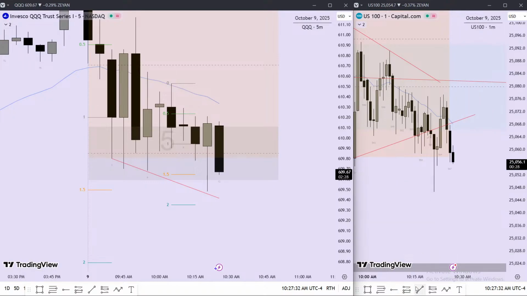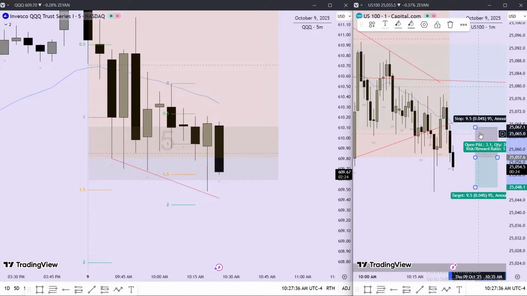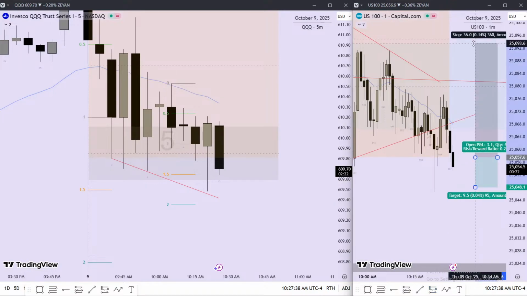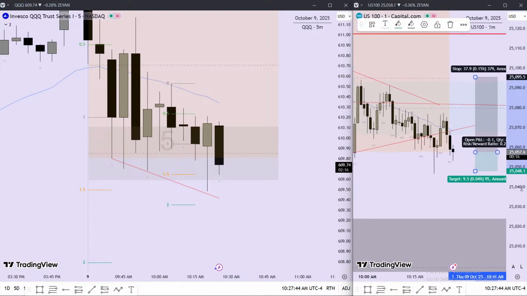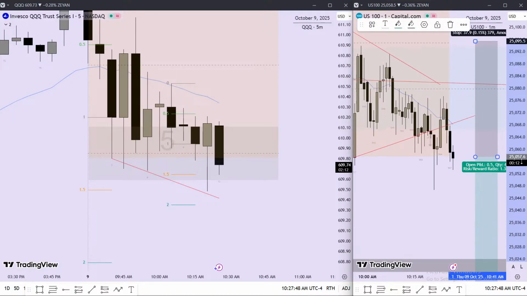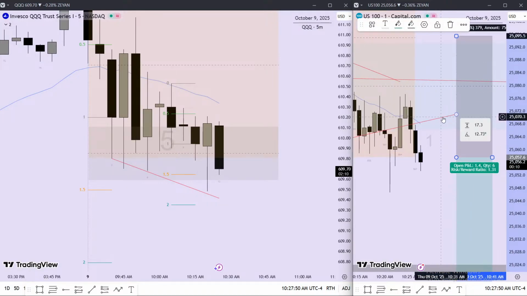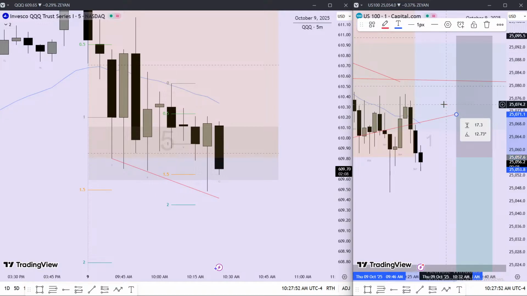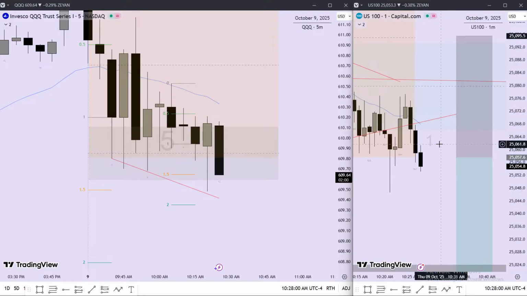Thirty-two seconds. If this closes at this point, I won't be closing this trade again, and I'll finally be targeting 25,000, which is a good target. Need this price to close below 25,057 for this entry to get triggered.